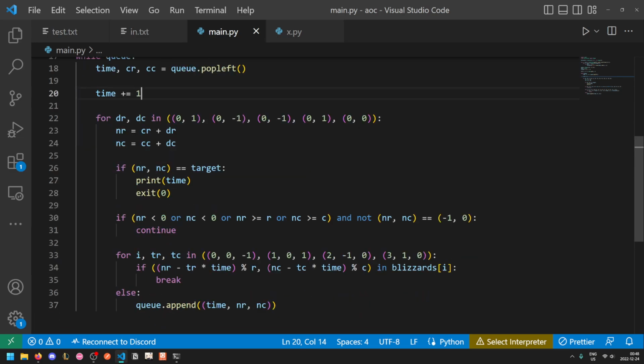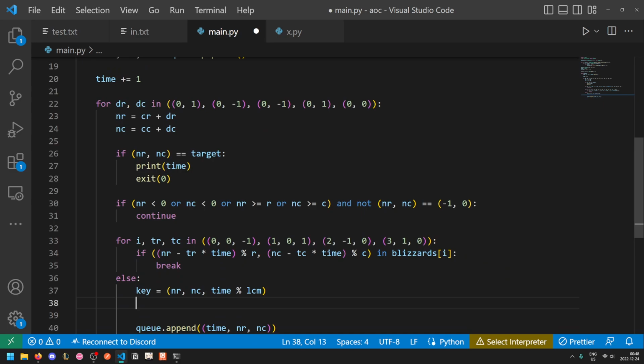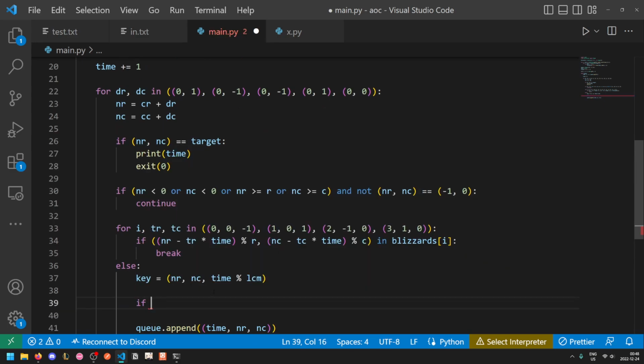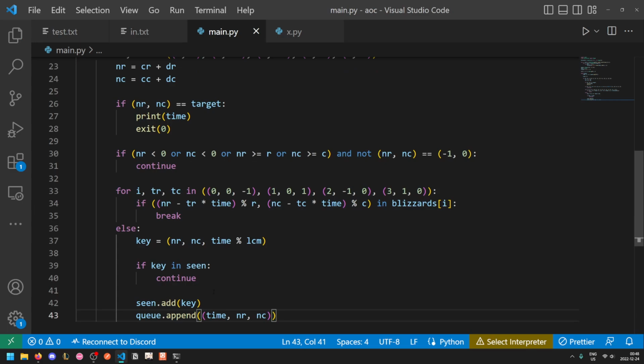And the optimization we will add here is the key, which will be used as a sort of unique identifier for our state, is going to be the current position and then the time modulo the LCM. If we've seen this state already, then we skip it. And otherwise, we will add the key to our seen set to mark it as visited so we do not visit it again.